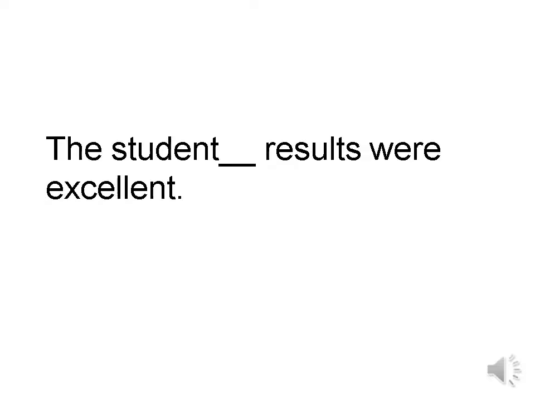That book must be John's. J-O-H-N apostrophe S. There is a belonging, but the sentence is in a slightly different order. So the book must be John's. Number 7: the student, space, results were excellent.